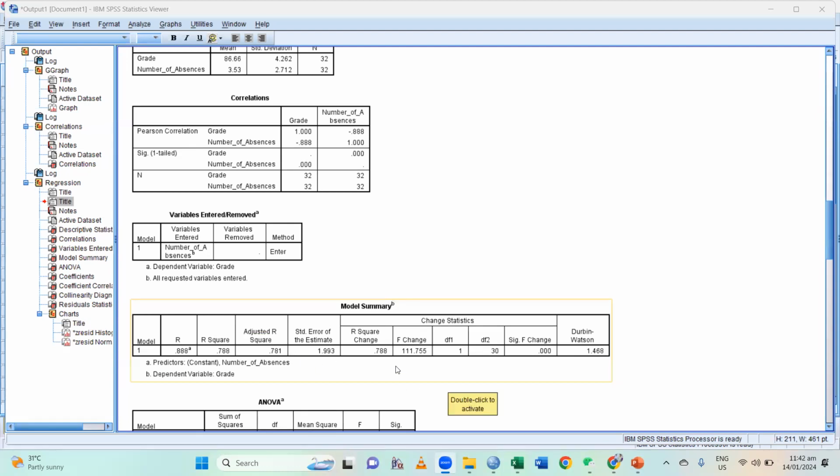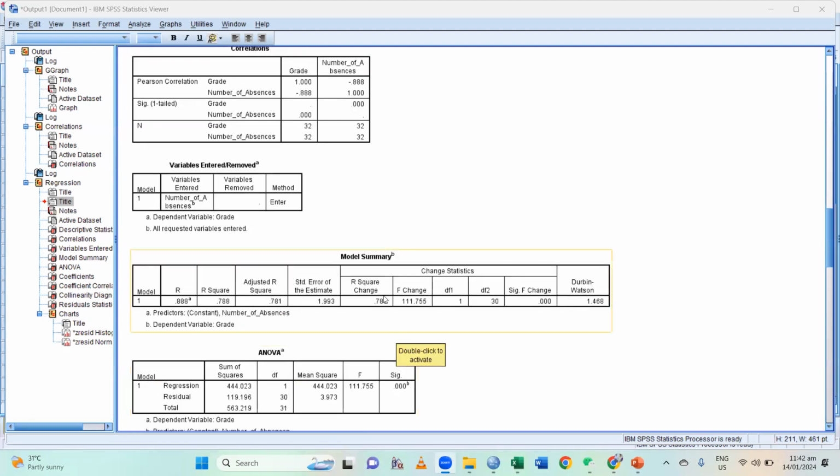Okay. And if you have your r squared change, you see, since you only have one variable to enter, whatever r squared is, the same as the r squared change. Okay. It will have a different case later on if you have multiple linear regression. But let's have simple linear regression lang for today.